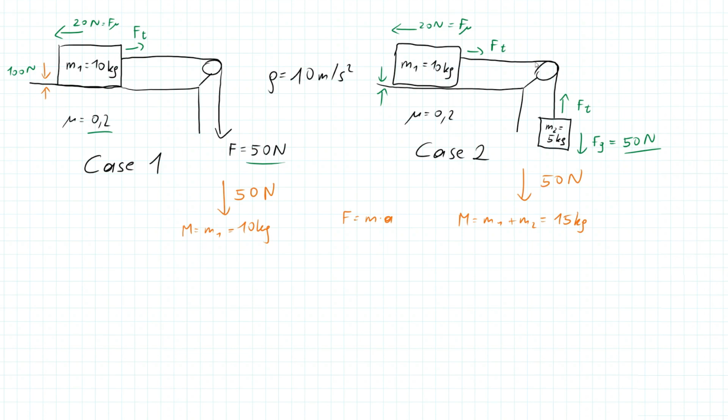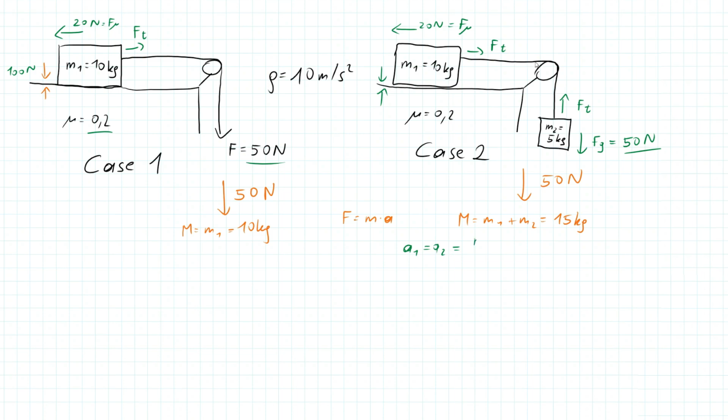Now let's focus on case 2 for a moment. So these masses are going to accelerate, and mass 2 is going to accelerate downwards, and mass 1 is going to accelerate to the right. But the value of that acceleration, the scalar value, is going to be the same. So we can say A1 equals A2. Now what is A1? A1 is just given by the sum of all forces acting on the mass m1 divided by its mass.